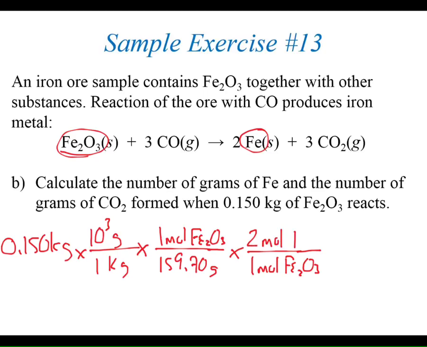2 moles of iron, right? And then we just do the molar mass of iron. 1 mole of iron, I think it's 55.85. So whatever that answer is. Anybody?